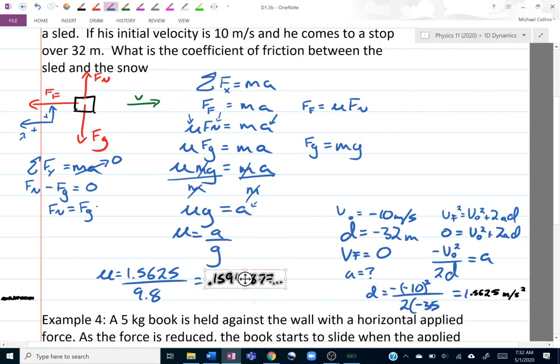To 3 sig figs, 0.159. Mu should be unitless, so I'm done. Notice how I kept all of my decimals for my acceleration because it was not a final answer, and then rounded back to 3 sig figs once I was at a final answer.